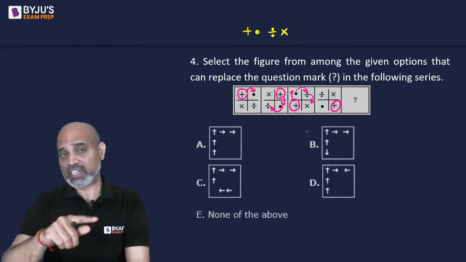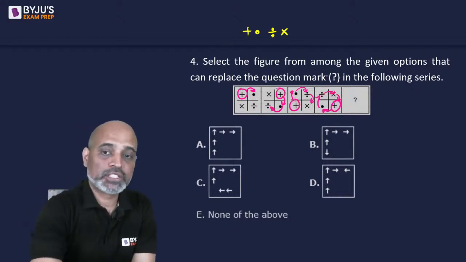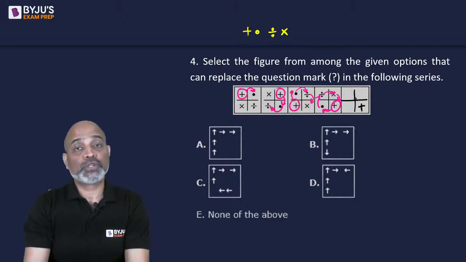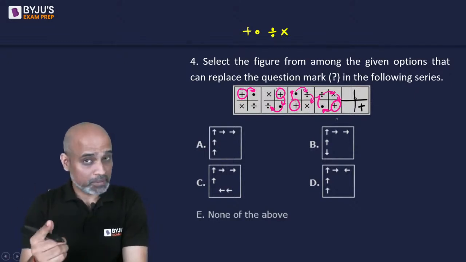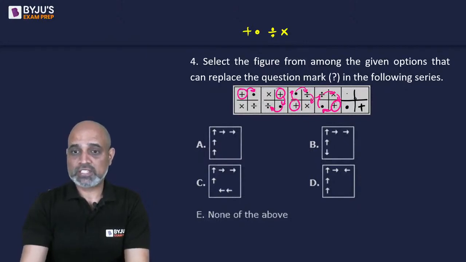By that logic, in the next figure plus should move by 4 places, as in it should come back to its original position. And if it is at its original position, the other 3 symbols in clockwise order should follow it: plus, dot, division and multiplication.